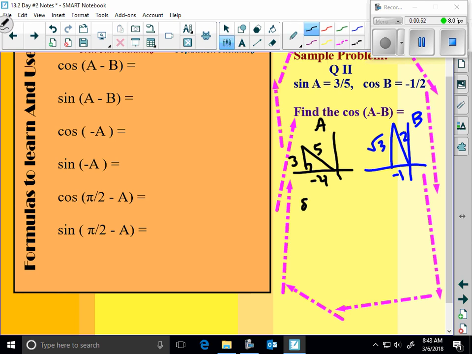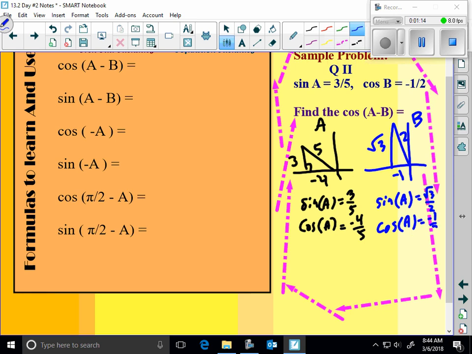So I already know the sine of A is 3/5, and the cosine of A will be -4/5. This actually, I think, is a review problem from the previous lesson, but we'll go with it. Sine of B here is √3/2, and cosine of B, we already knew, was -1/2.